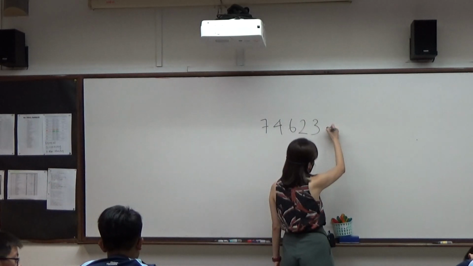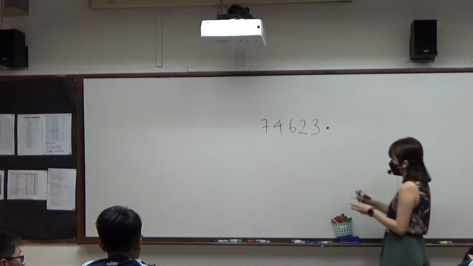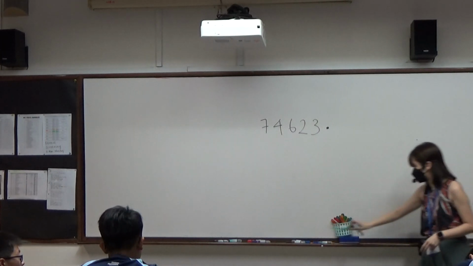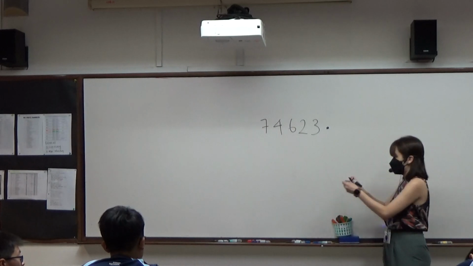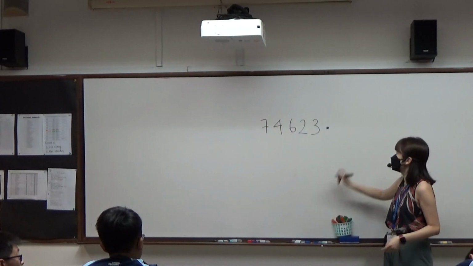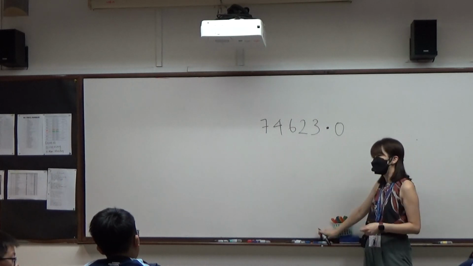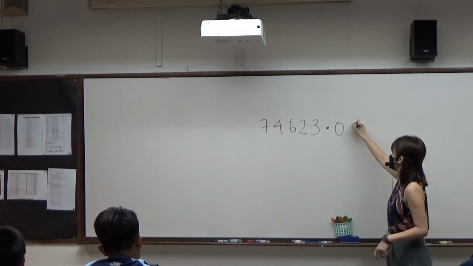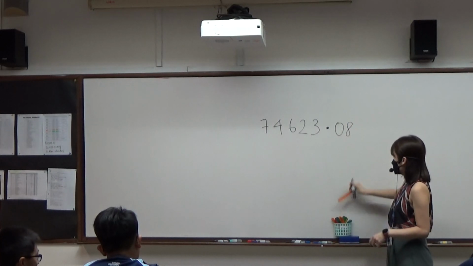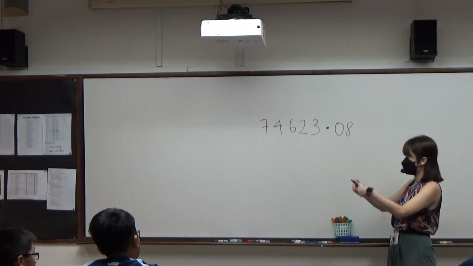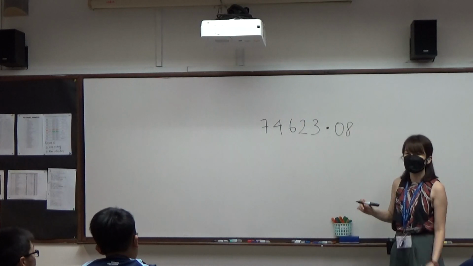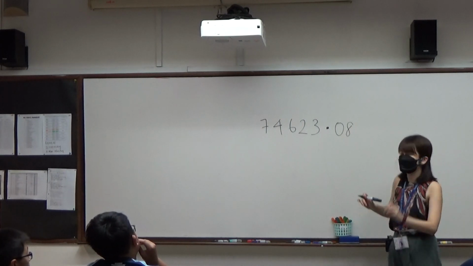Let's put a decimal point here. Then next digit, 0. Then Hansheng, 8. Next one, Inkin, 5.